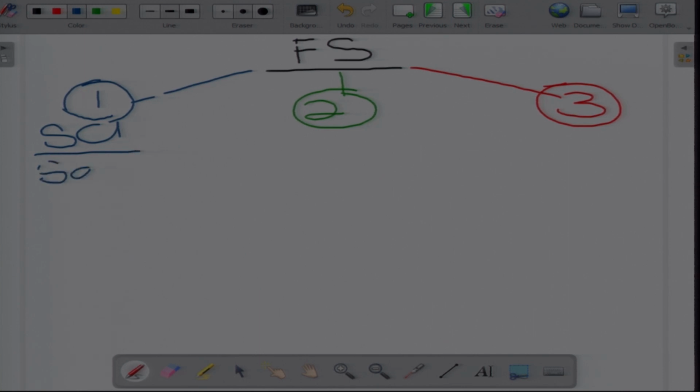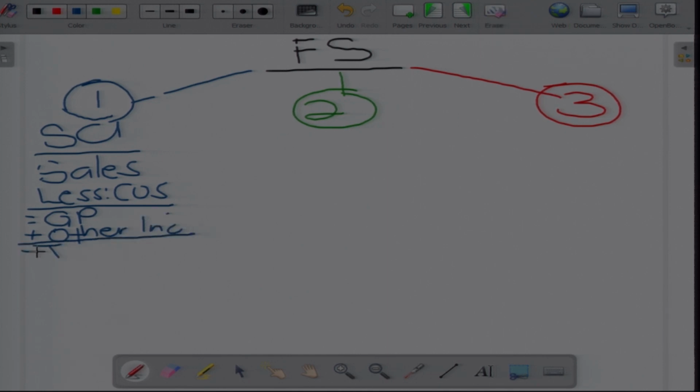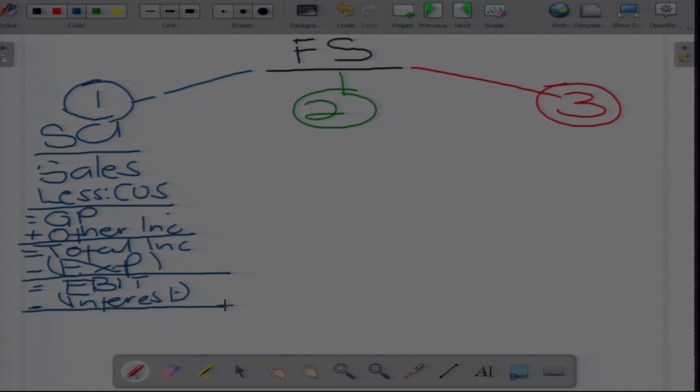Framework is sales less cost of sales equals to gross profit plus other income equals to total income less expenses equals to EBIT less interest equals to earnings before tax less tax equals to earnings after tax.